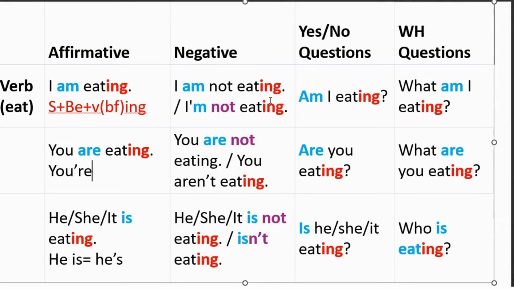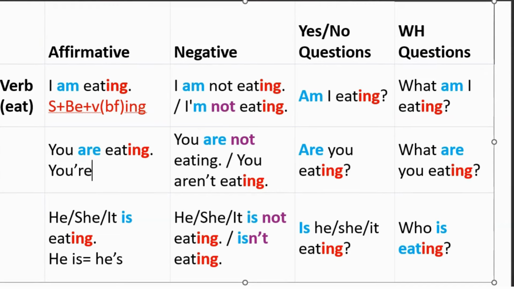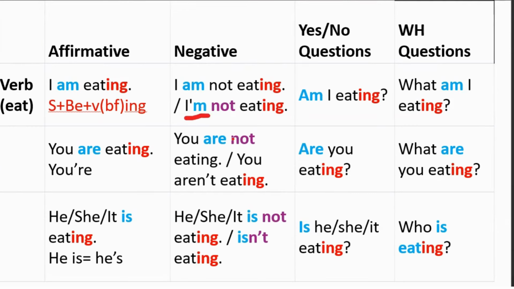Similarly, I'm not eating. When spoken, we use the contraction, and that is I'm. I'm not eating. You're not eating or you aren't eating. You can say he's not eating or he isn't eating.